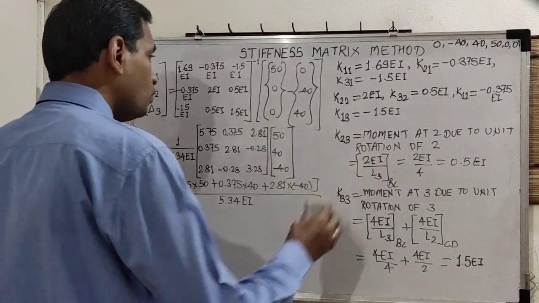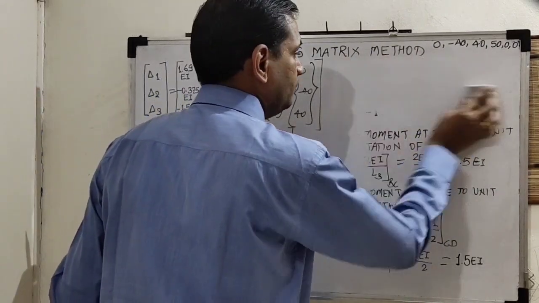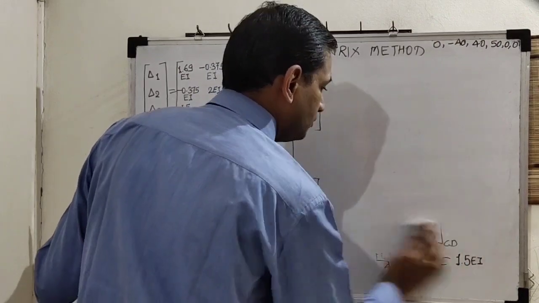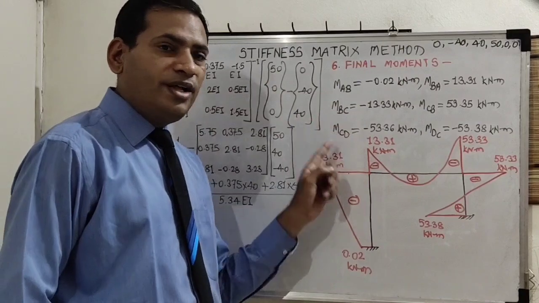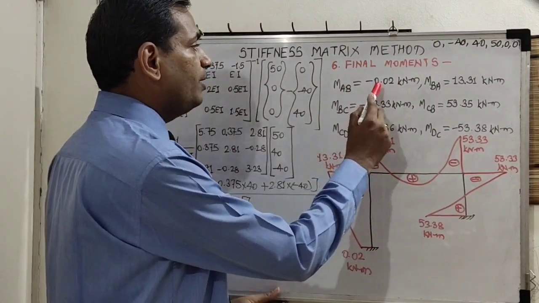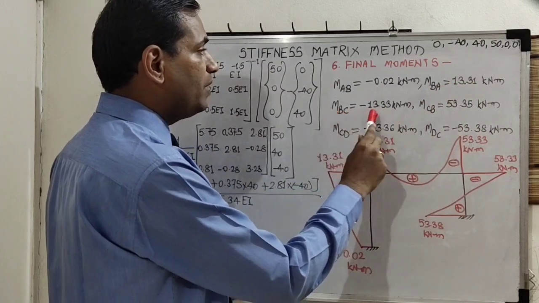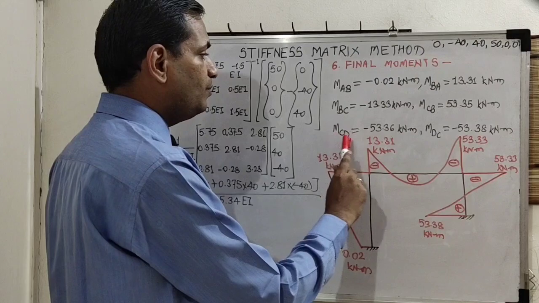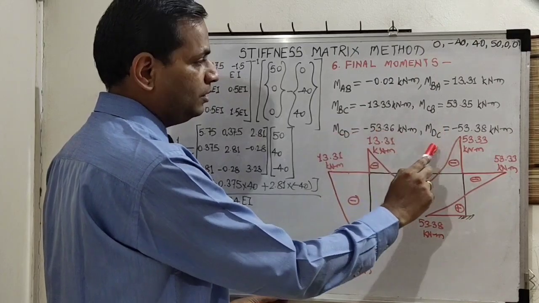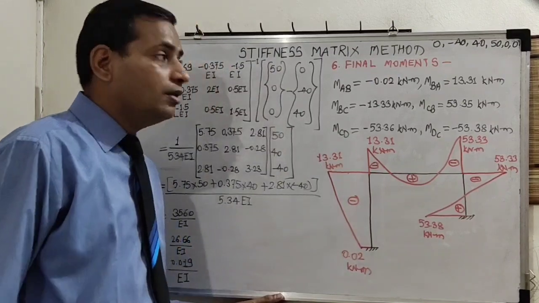Now we will go for the final moments. These are our final moments: MAB minus 0.02, MBA 13.31, MBC minus 13.33, MCB 53.35, MCD minus 53.36, and MDC minus 53.38.